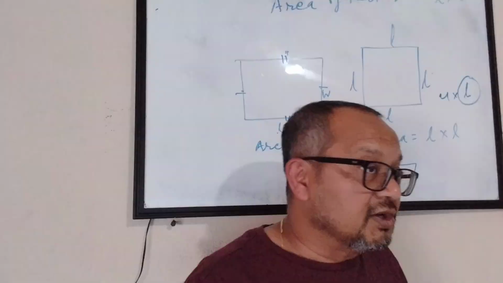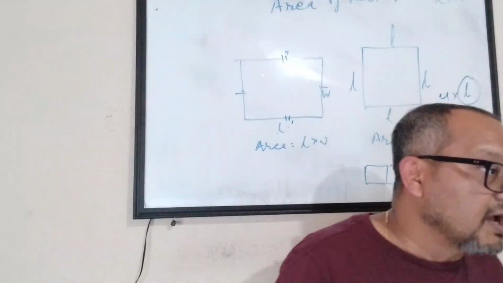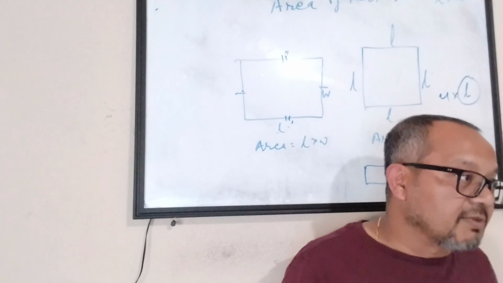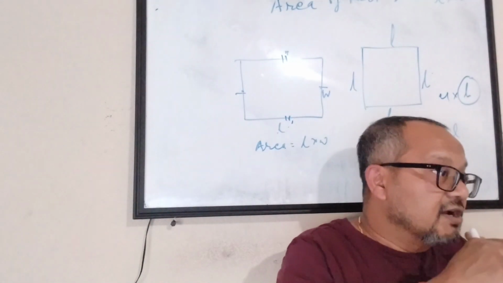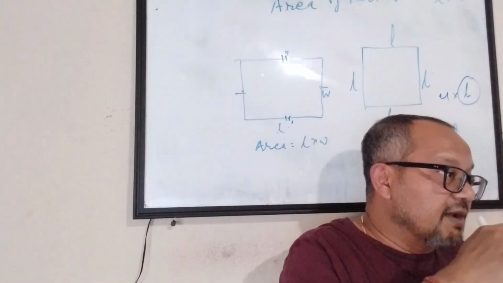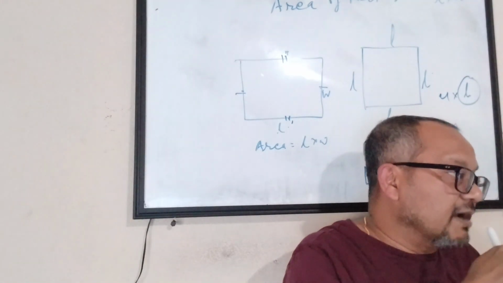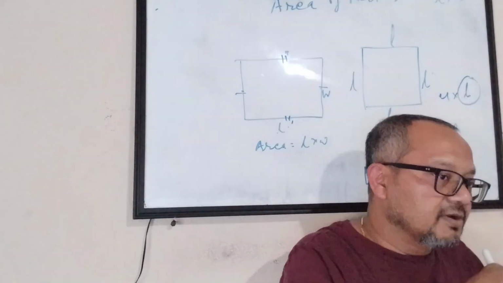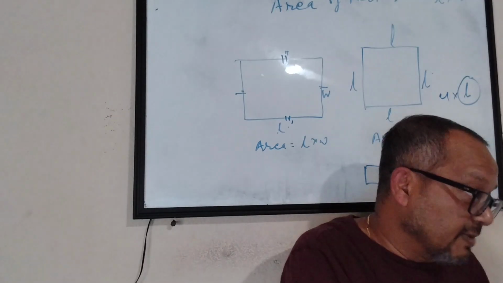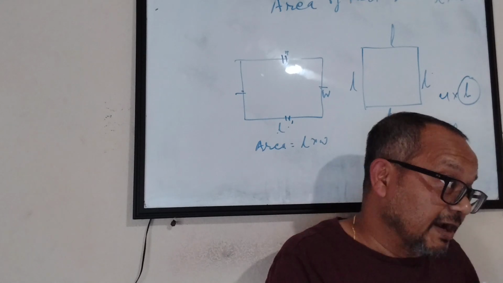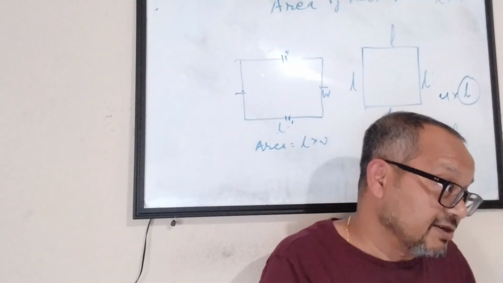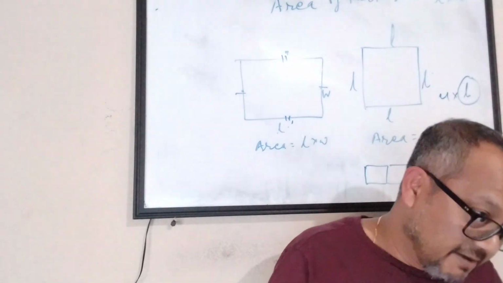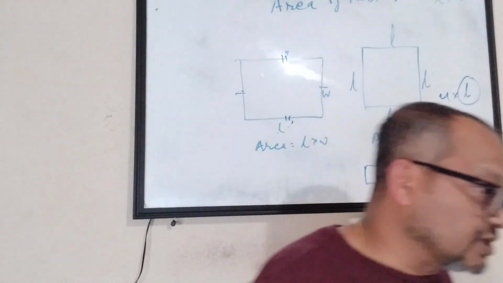So in tomorrow's class we will talk about a few more shapes like rhombus, kite, trapezoid, and parallelogram. Imad, have you heard about parallelogram, rhombus, kite, trapezoid? Yeah. Okay. And then we'll talk about composite shapes.